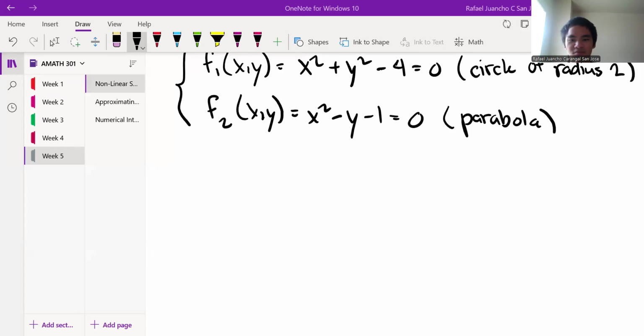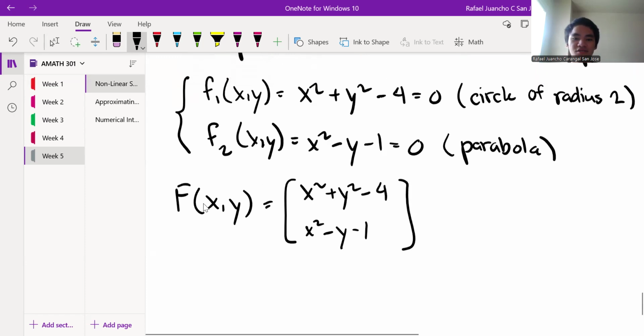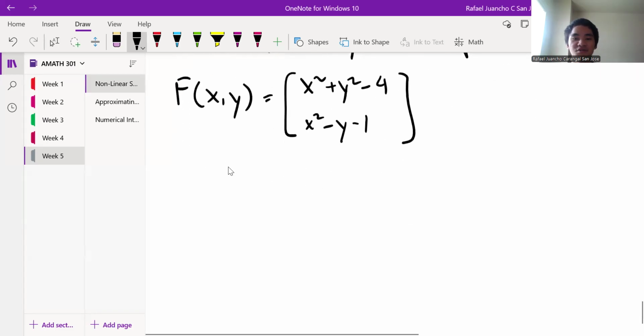I'm going to go through this exercise using what we just did before, or what I've just defined before. So the first thing we want to do is define that function vector, this thing. And this contains those two things, right? So x squared plus y squared minus 4, x squared minus y minus 1. So this vector function contains those two functions of two variables.